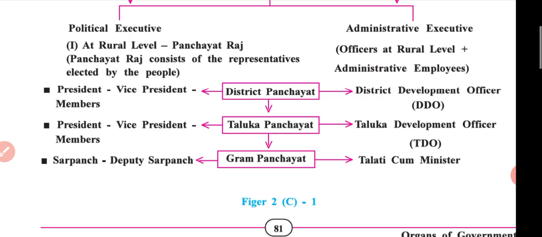At district panchayat, the District Development Officer, DDO. At taluka panchayat, the Taluka Development Officer. It is easy to remember because the words start the same: district panchayat, district development; taluka panchayat, taluka development. And the last one is the gram panchayat, for that, the talati-cum-minister.